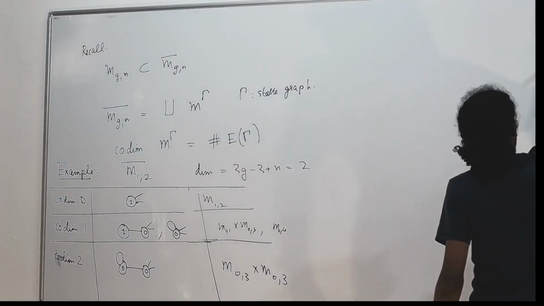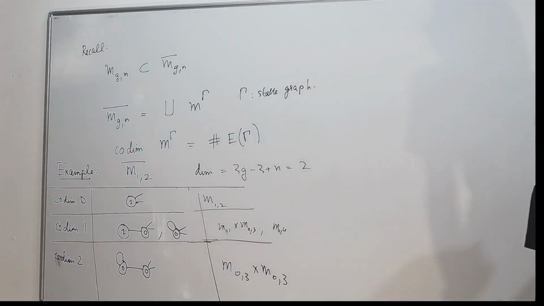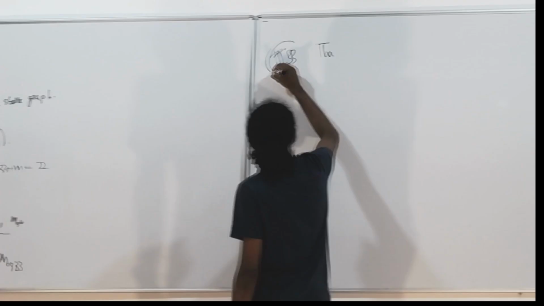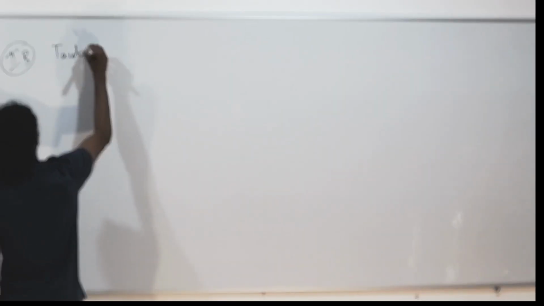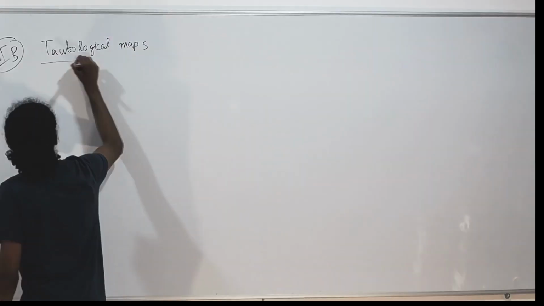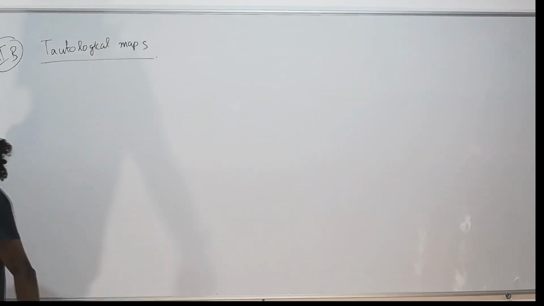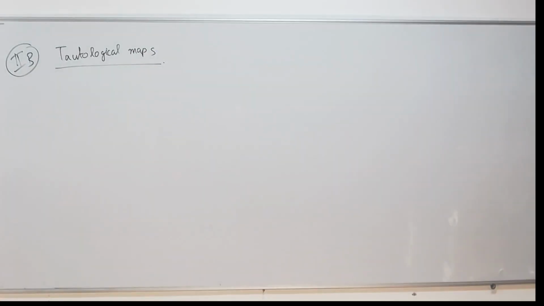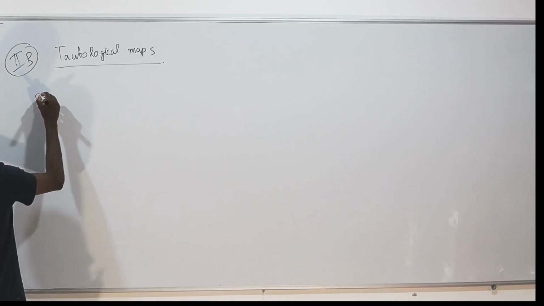Let me quickly go through some of the natural maps between the moduli spaces of curves. We already saw the first one yesterday, called the gluing map.